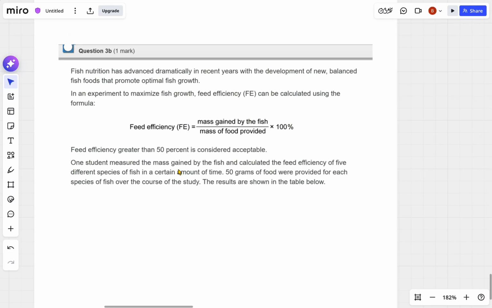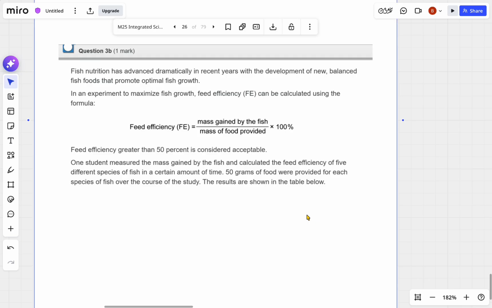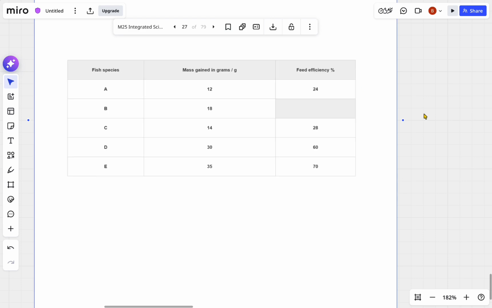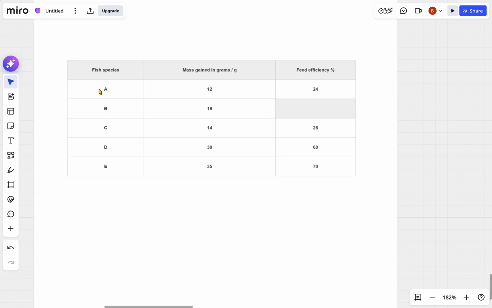One student measured the mass gained by the fish and calculated the feed efficiency of 5 different species of fish in a certain amount of time. 50 grams of food were provided for each species of fish over the course of the study. The results are shown in the table below. Let's look at the table over here: fish species, the mass gained in grams, and the feed efficiency.